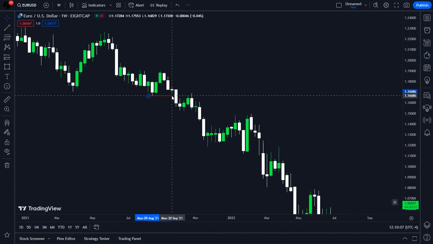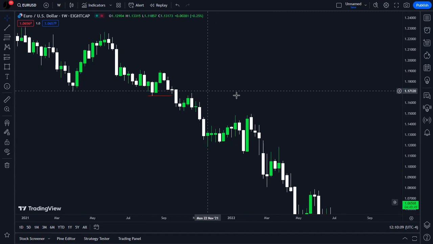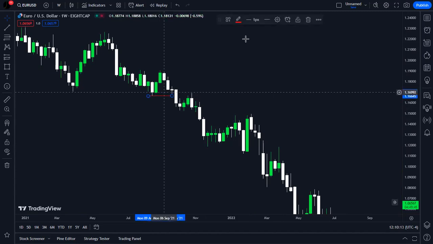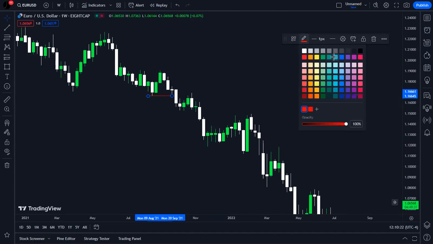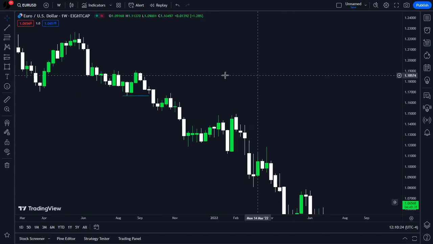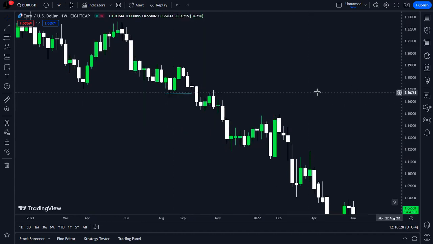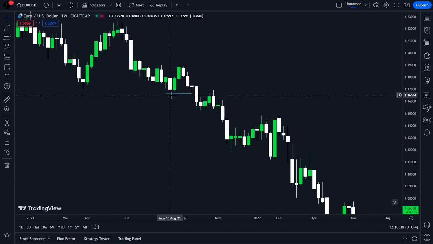We have this weekly chart on Euro USD. We have this lower low. So change the color to this. This is the lower low. This is the current lower high up here. So lower low, lower high up here.